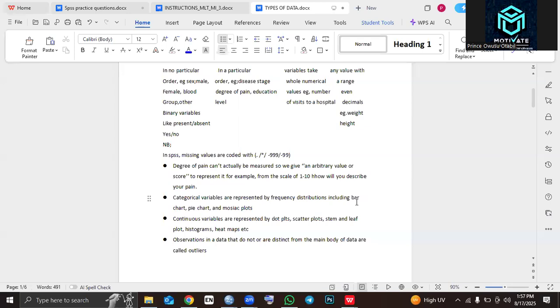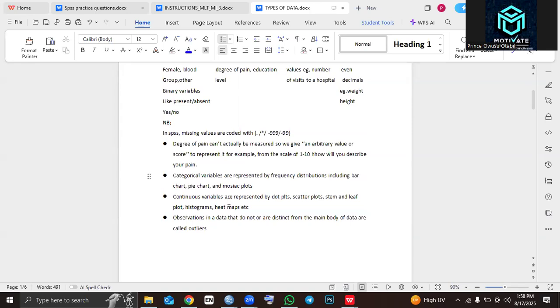Categorical variables in SPSS, for example, blood group, maybe gender, degree of pain, education level. All these are categorical variables. If you want to represent them in SPSS statistically, then you have to use either a bar chart, a pie chart, or mosaic plot, and so on and so forth.